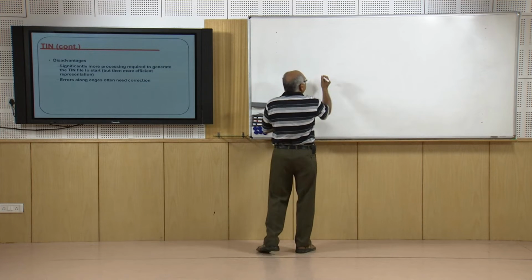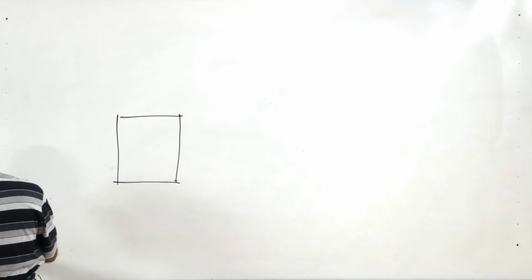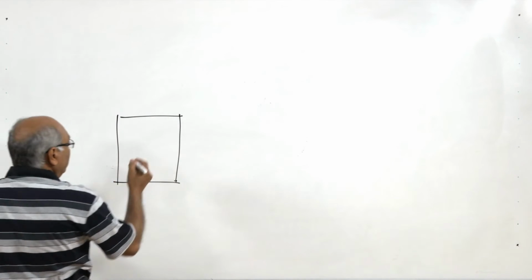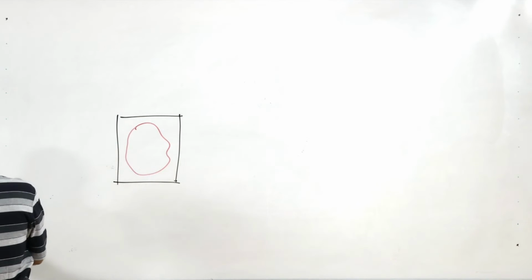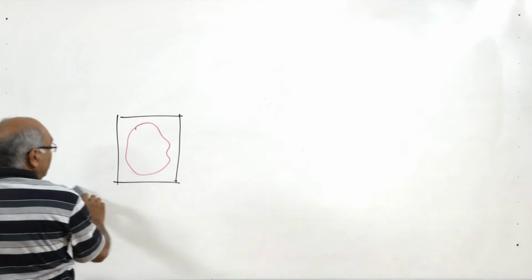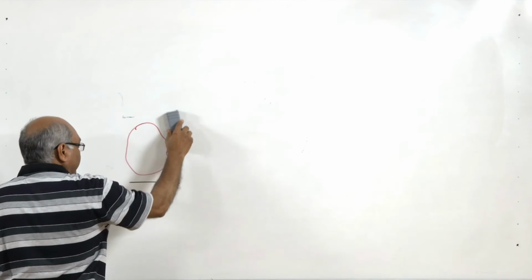For example, if you have raster data like this and I want to extract a part of this raster, say below this polygon, it is very easy in GIS operations to extract this raster.